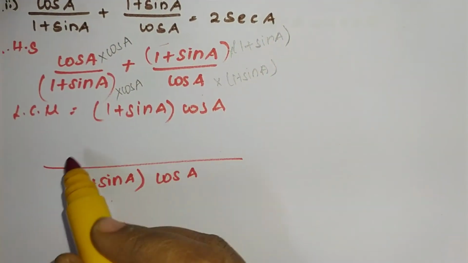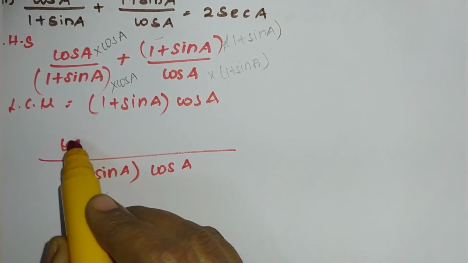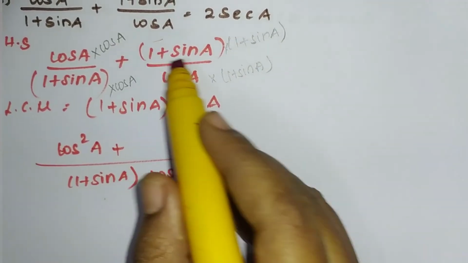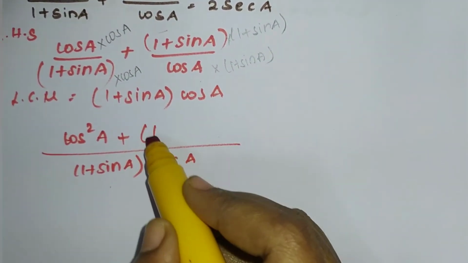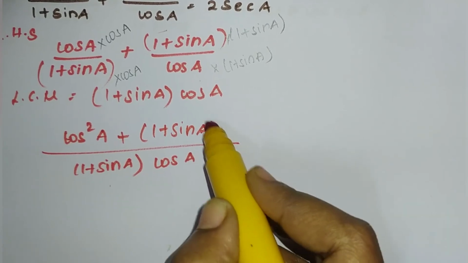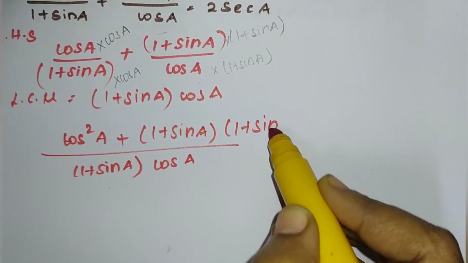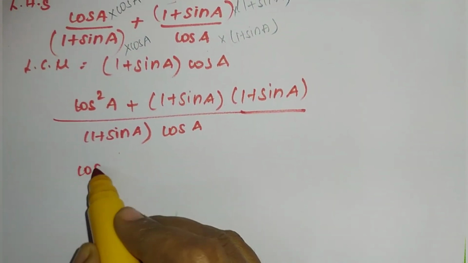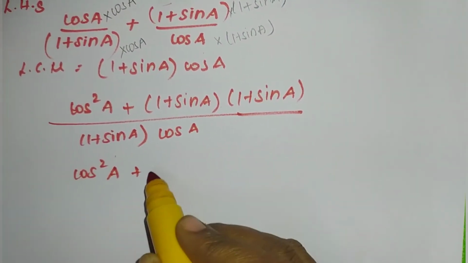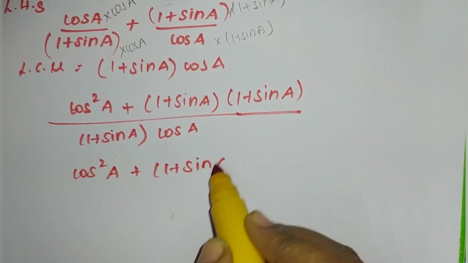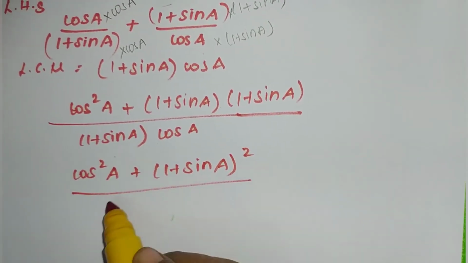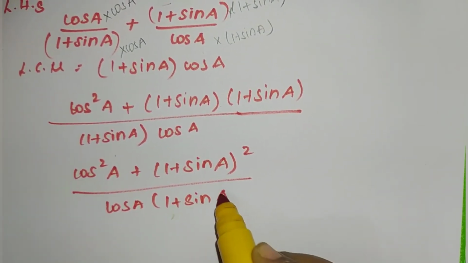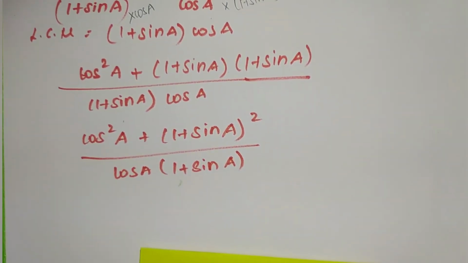So cos into cos is cos square A. Plus 1 plus sin A into 1 plus sin A. So we have two terms, and the square, that is 1 plus sin A the whole square, divided by cos A into 1 plus sin A. Clear?